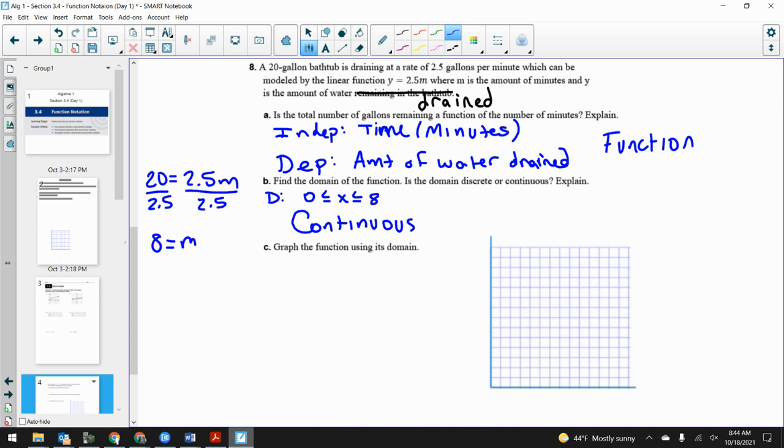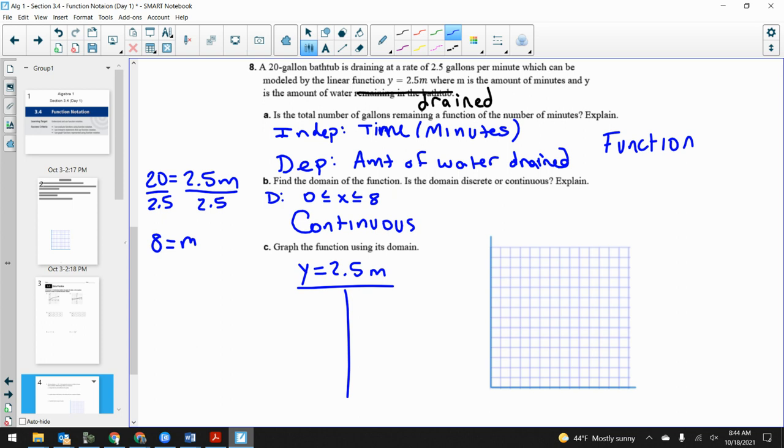All right, now let's graph the equation. Y is equal to 2.5m. Now, do I need to graph all 8 values? No. All I need to do is see a trend. Because eventually I'm going to fill in my dots and make my line.